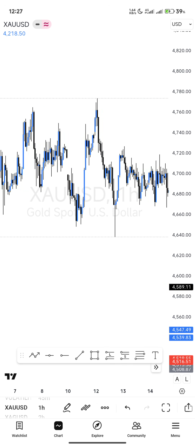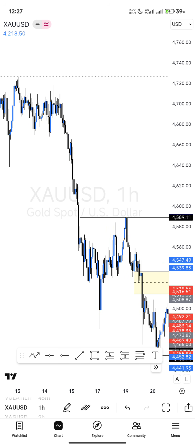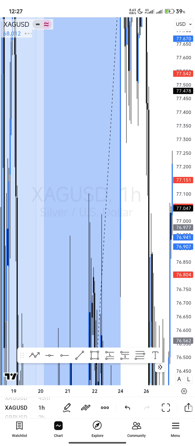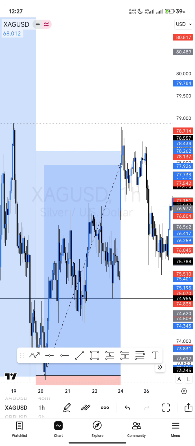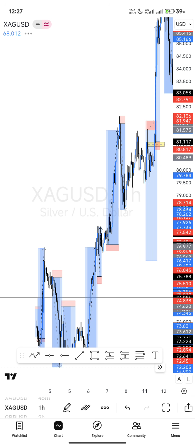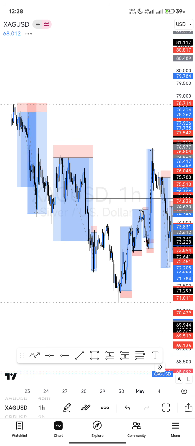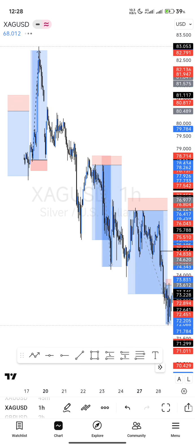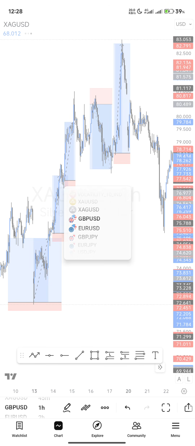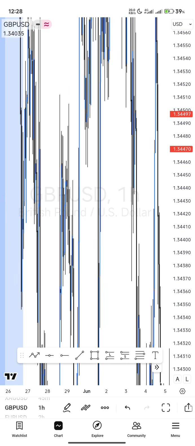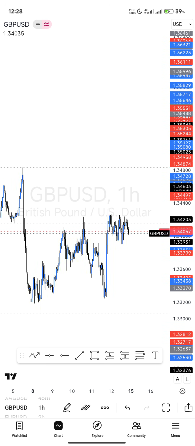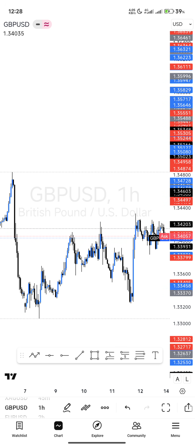Fair value gaps are basically for entries. So when you come to the market, let's use a different market. Like, okay, this is silver, for example. Okay, take for example this is a very good example.